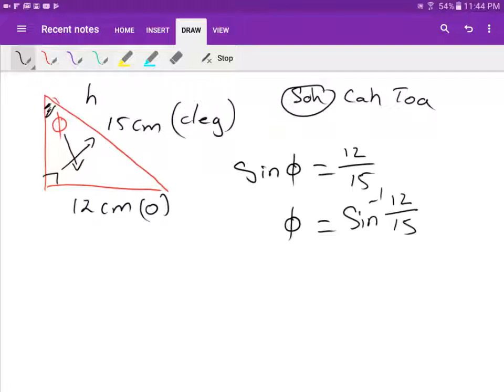If you type that in your calculator, you should get 53.13 and so on. But don't forget, the answer asks you to give it to the nearest degree, which means up to the whole number. So before you write 53 degrees, you look at the one number next to the 3.